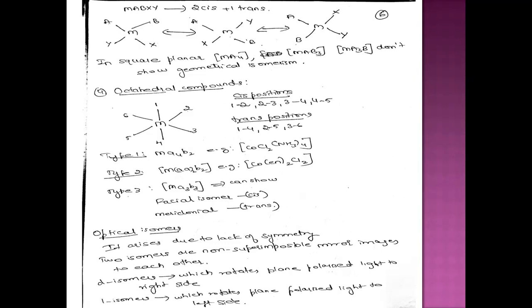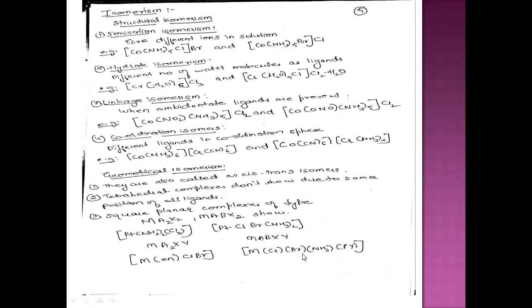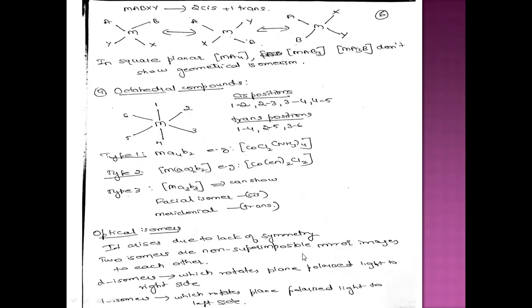Now, in that series MABXY, if 2 of the ligands are of the same family, for example, here Cl, Br, they both are halogens, they act in the same way. If you compare those 2, you can write cis and trans isomer. For example, A and B, compare it as Cl and Br, same family, right?